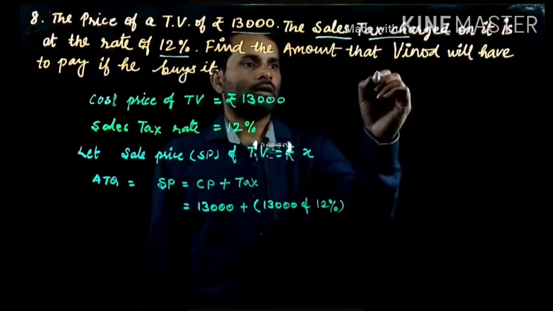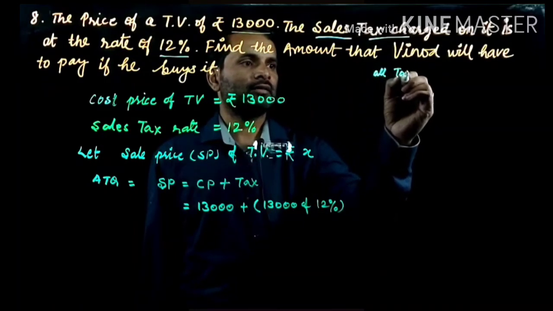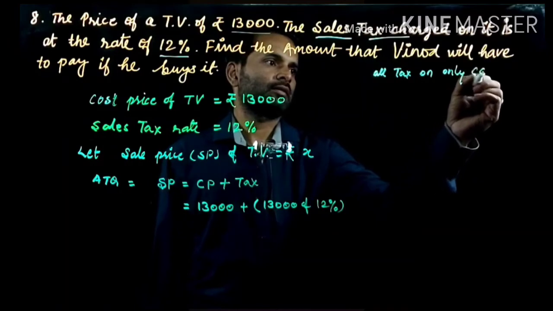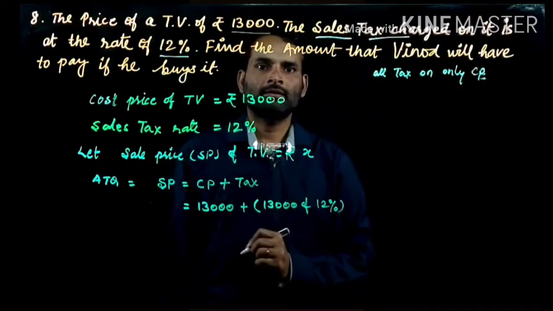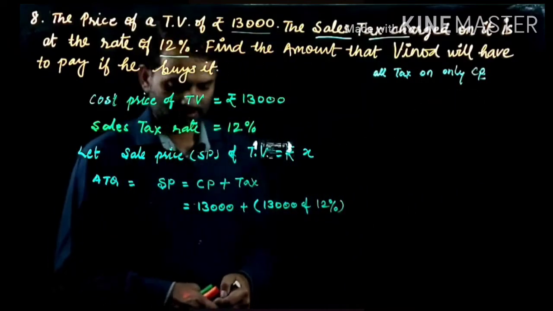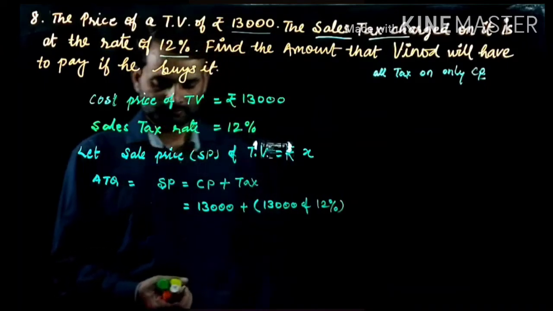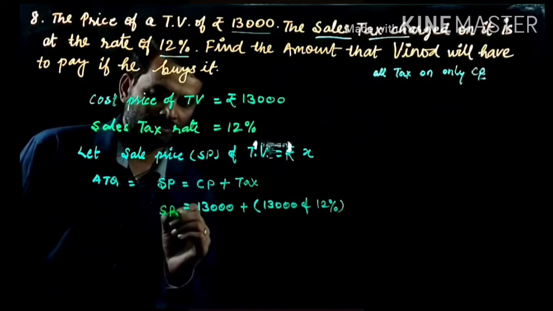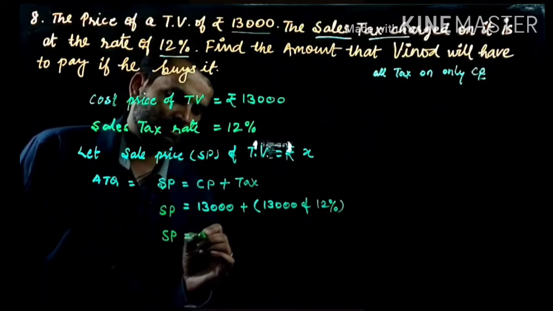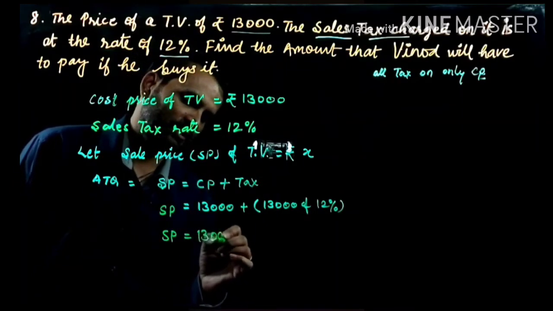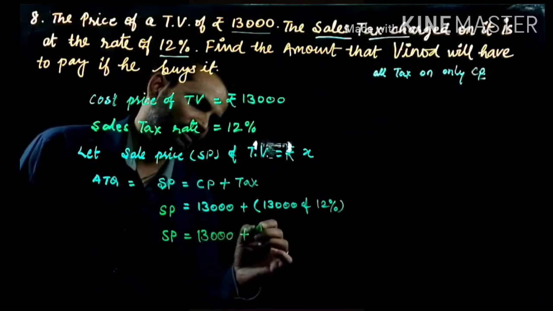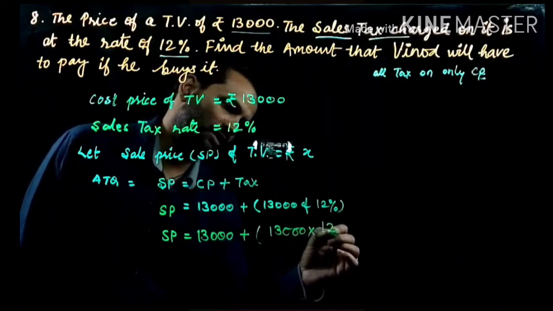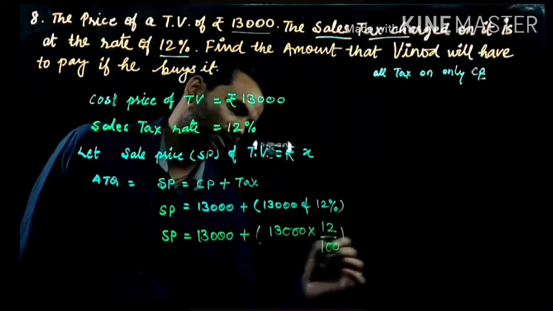All tax is on only CP. So now we solve. We write SP is equal to 13,000 plus 13,000 into 12 upon 100.